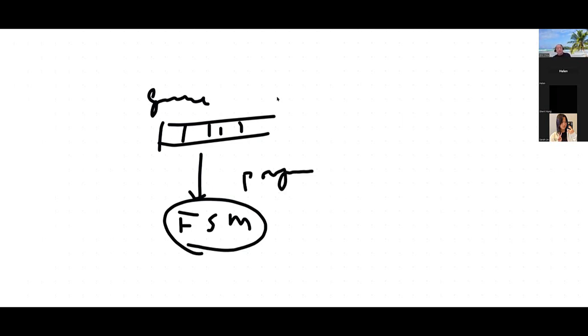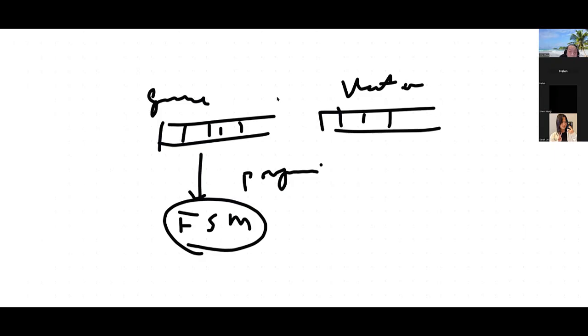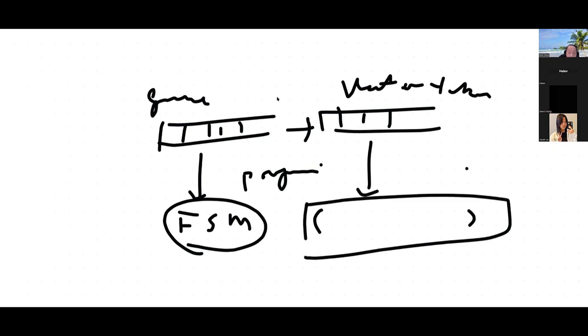Then you create a vector of tokens. So we also introduce the tokens vector. And then the vector of tokens is translated to a fully parenthesized string, putting more parentheses in there.